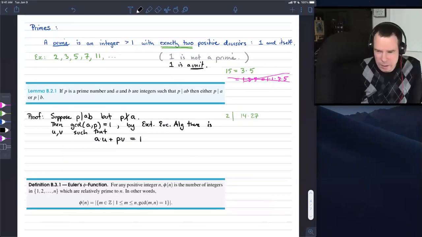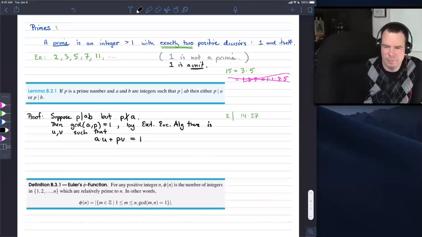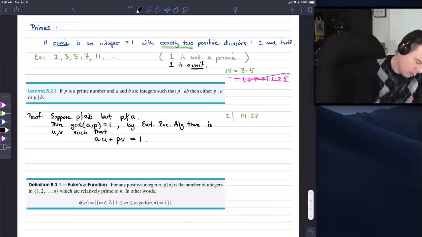So A times U plus P times V is 1. That's the extended Euclidean algorithm: a linear combination has to equal the GCD for some U and V. Now we want to bring B into the mix, so we'll multiply by B. And I get that ABU plus BPV is equal to B.